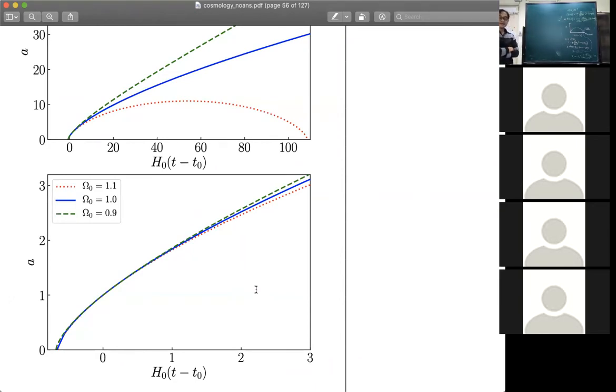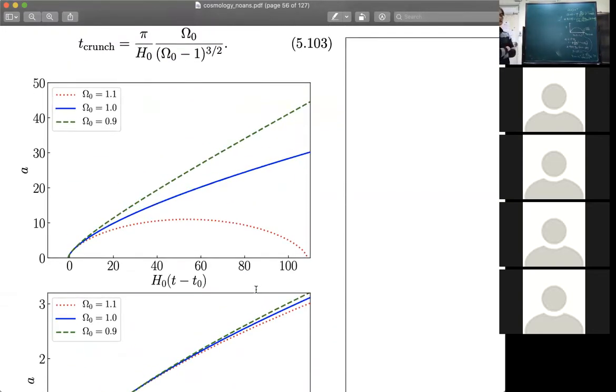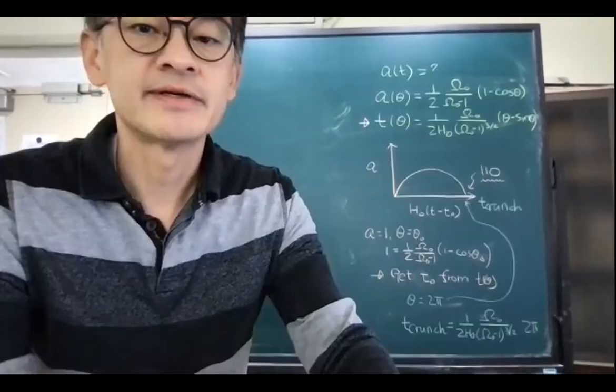So in the beginning, they behave almost similar, regardless of the value of omega 0. But the actual fate of the universe is quite different when you wait until more than 100 Hubble times. That's what we can find from this.